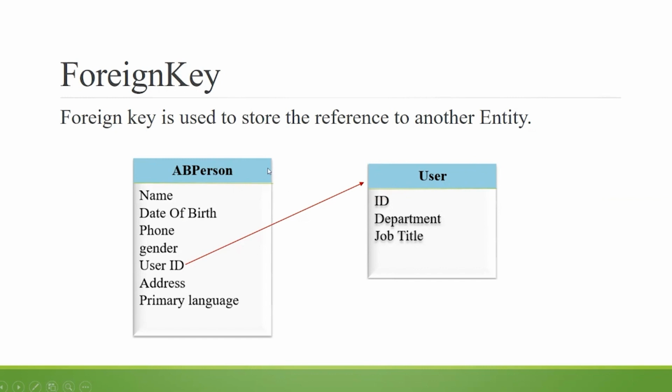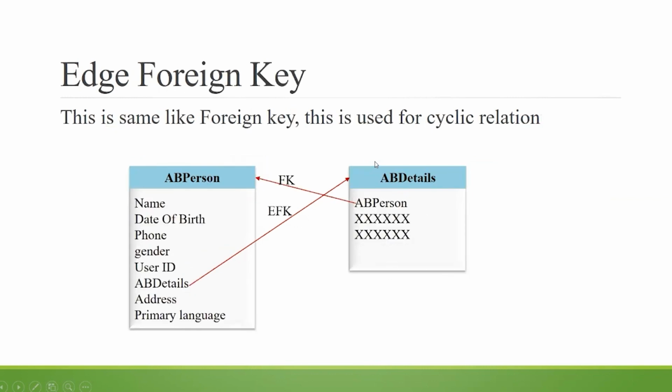For this kind of cyclic relationship, we use edge foreign key. So we have two entities, AB person and AB details. Here we refer to AB details as edge foreign key in the AB person and AB person as foreign key in the AB details. Likewise, here we are creating a cyclic relationship. This is for cyclic relationships.